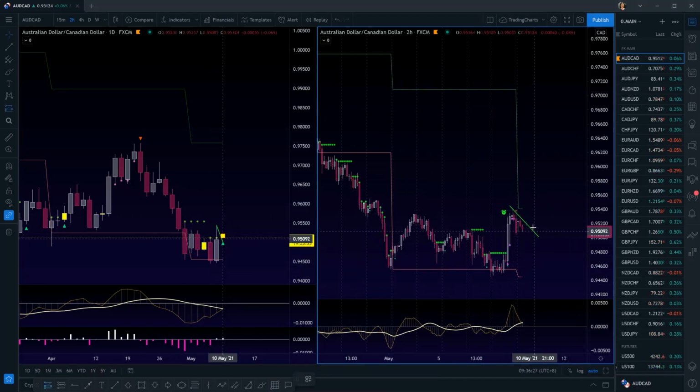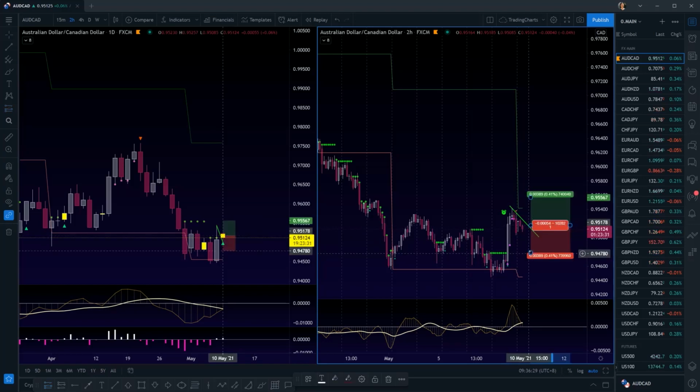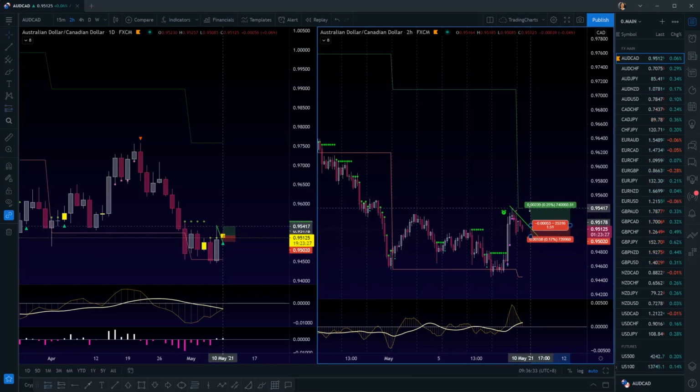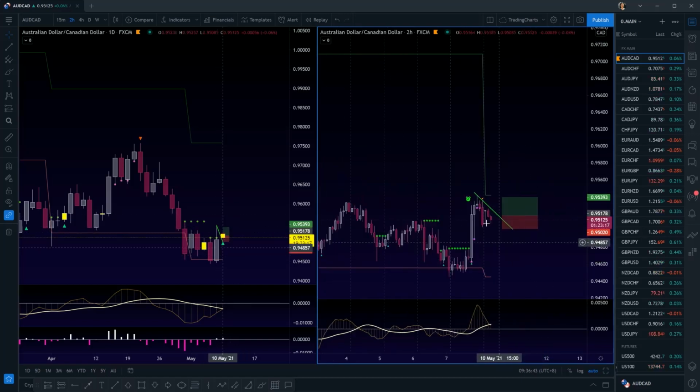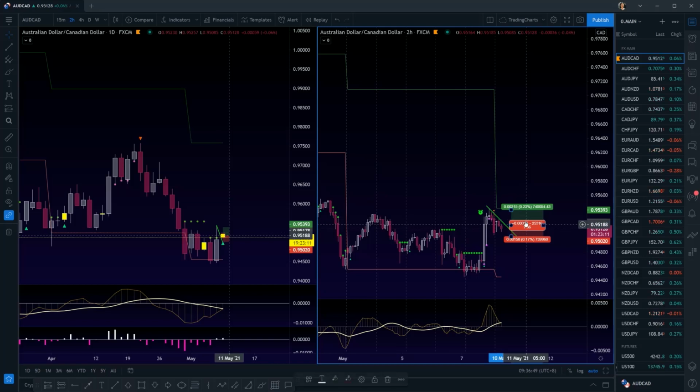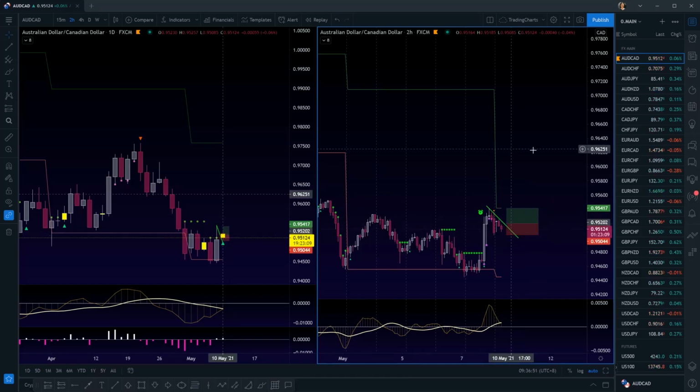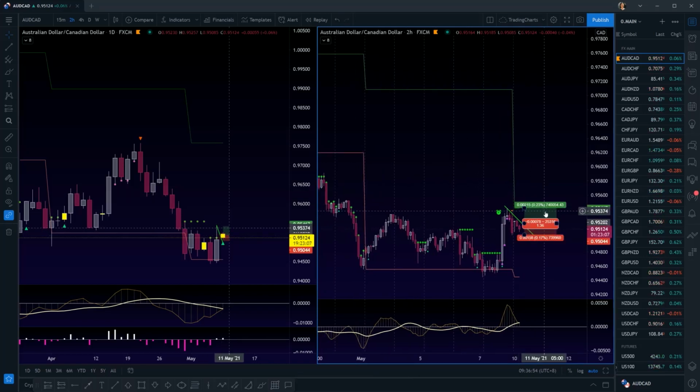Let me just draw my RR lines to see if this trade is a go. Yep. As long as I get minimum 1-to-1, I will be interested. So I'm putting up an alert right here. If it crosses this trend line, I might go in for a quick trade to the top here.